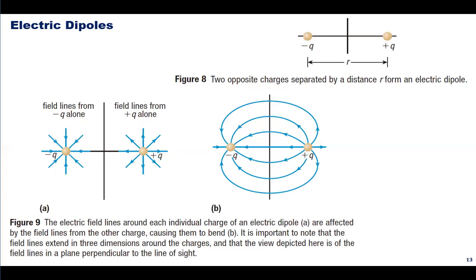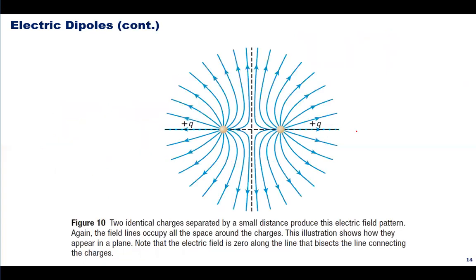Okay, so now let's consider another arrangement of charges slightly different from an electric dipole. In this case, as shown here in this figure, a positive charge, positive Q, replaces the negative charge, negative Q, so that the two charges are equal and alike.